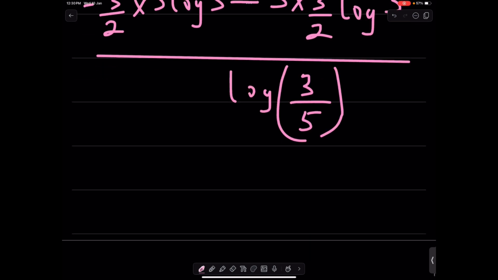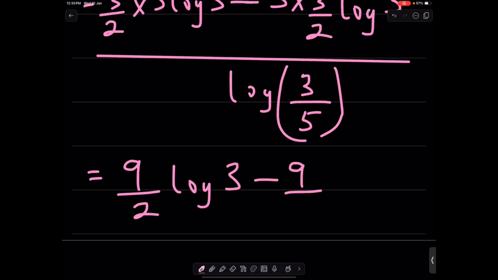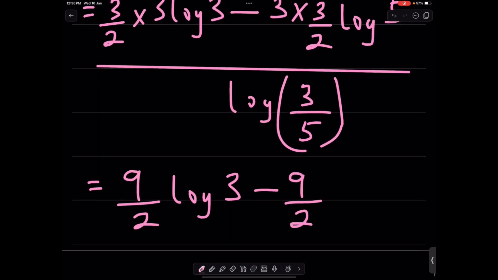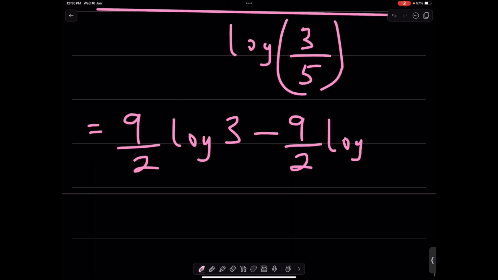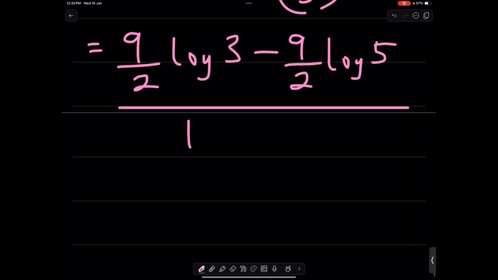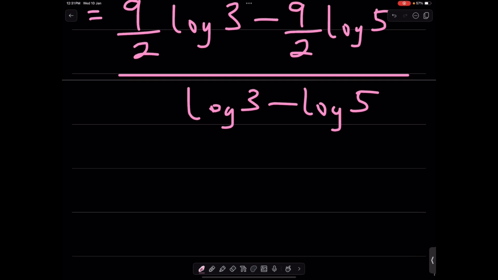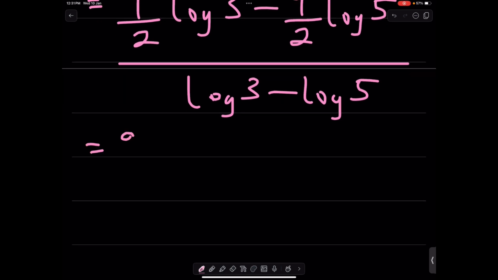And this simply means 9 over 2 log 3 minus 9 over 2 log 5, all over, I can write log 3 over 5 as log 3 minus log 5. We can see that 9 over 2 is common to the numerator.